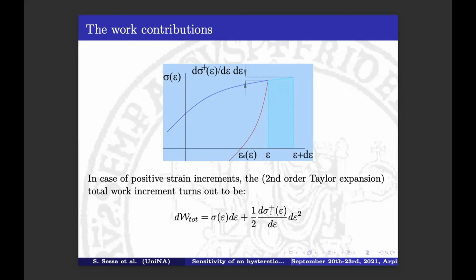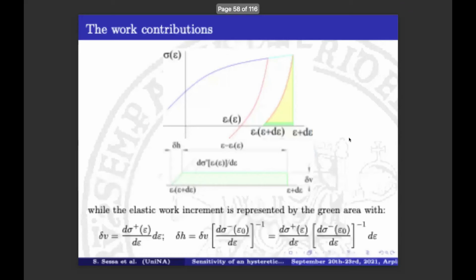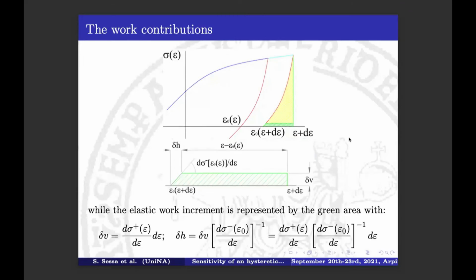We have the derivative of the stress with respect to the strain times the strain square, while the increment of inelastic work is computed by means of the increment of the elastic part. So the elastic increment is this green area here at the bottom.